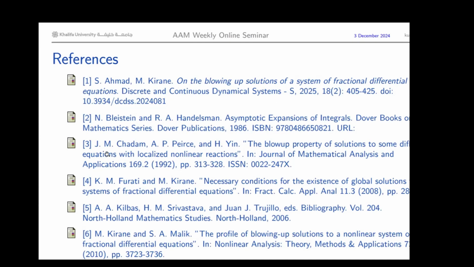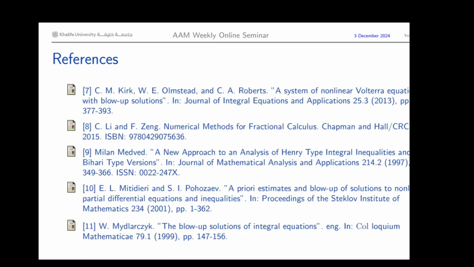From the third one, this paper by Shadams and Pierce, you can see how to move from the system with the diffusive term into only the system of differential equations. And the following are the papers of Professor Mokhtar and his collaborator, to which we compare our results. And for the numerics you can see Li and Zhang.